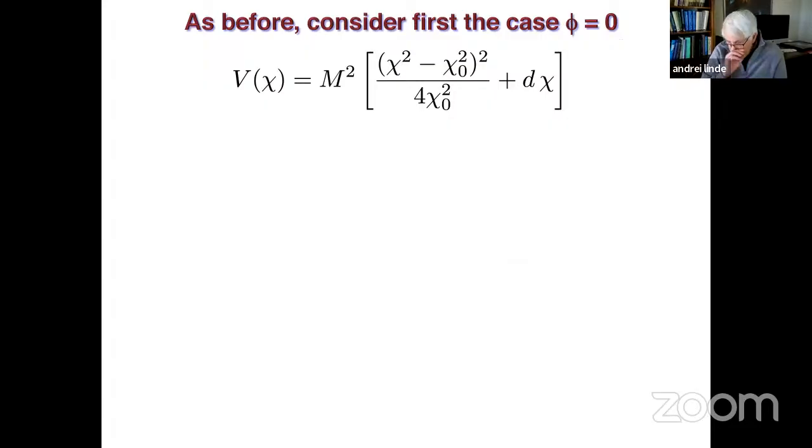So if we start studying again, as we did before, new inflation in the Higgs potential, and just add the tiny term d.